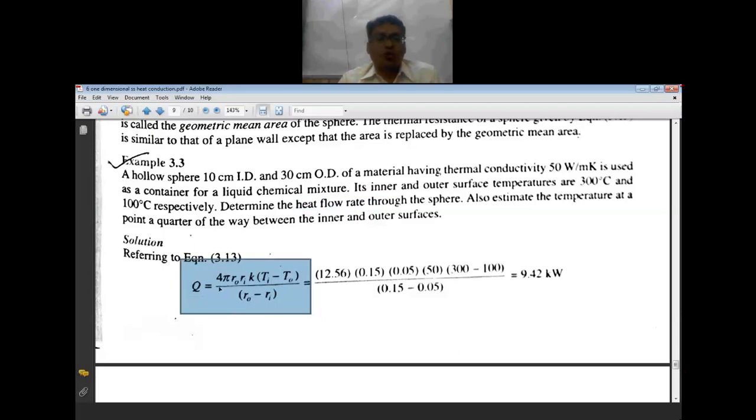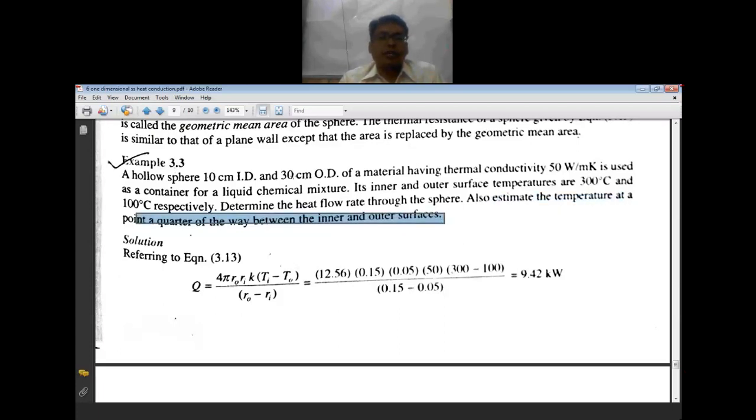So we are using the formula for a spherical shell, Q equal to 4 pi R2 R1 K into bracket T1 minus T2 upon R2 minus R1. So you will get 9.42 kilowatts. And the second thing is to estimate the temperature at a point a quarter of the way between the inner and the outer surface.